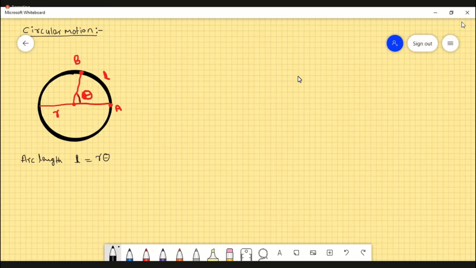Suppose this is a small angle instead of the total angle, and this length is also a small length. So this will be d theta, a small angular displacement, and a small linear displacement dl. Therefore dl equals r into d theta.